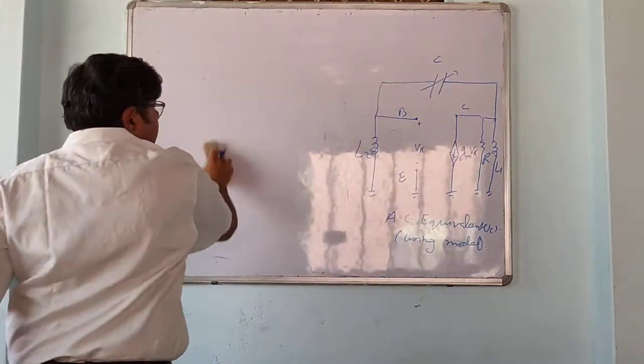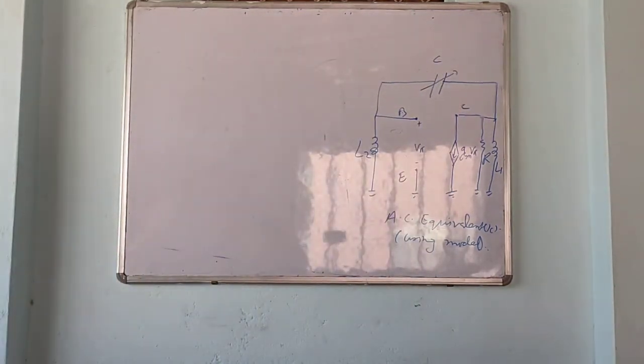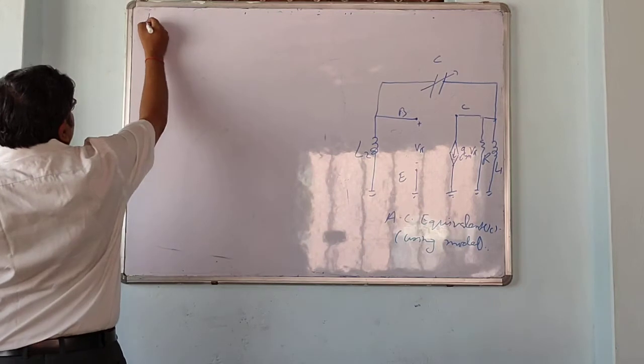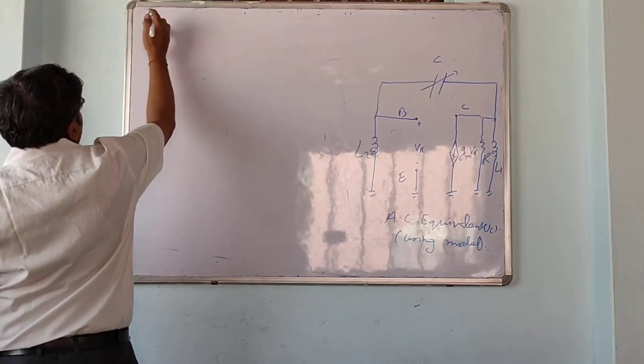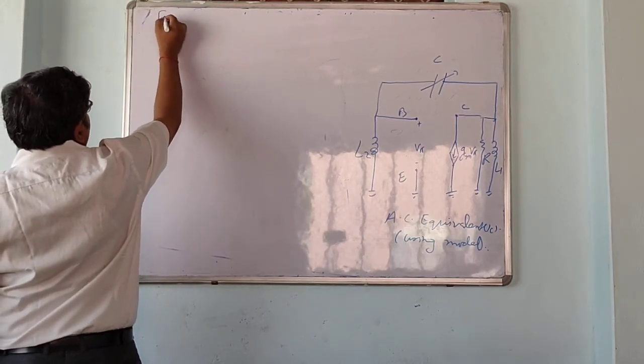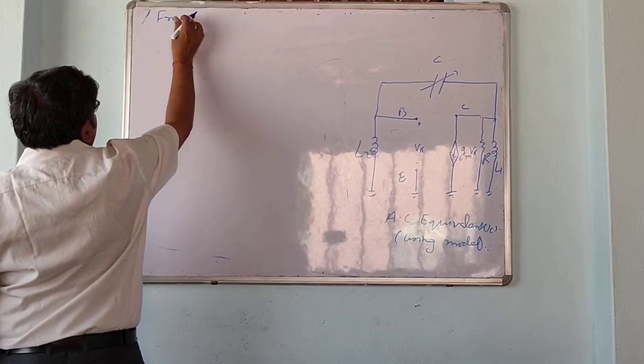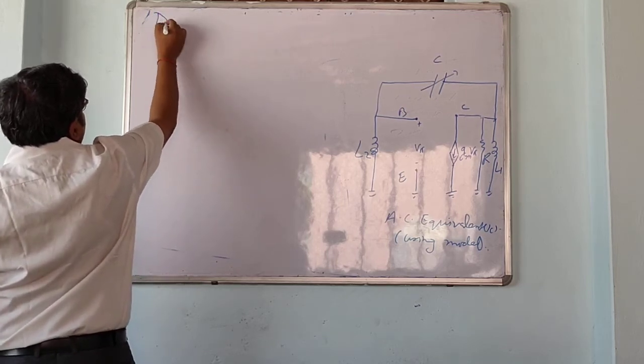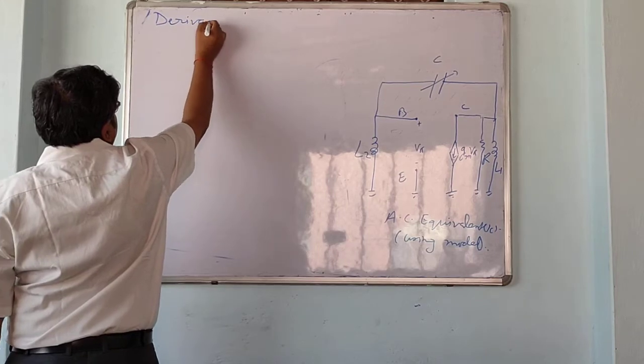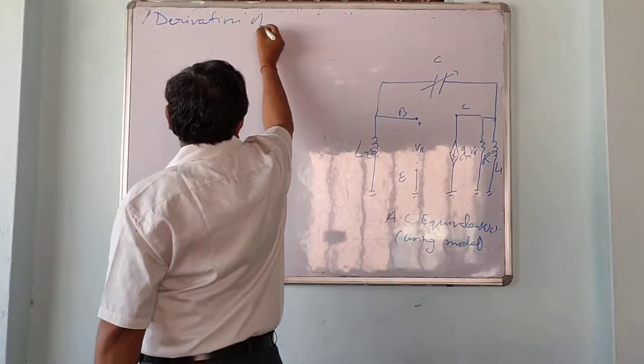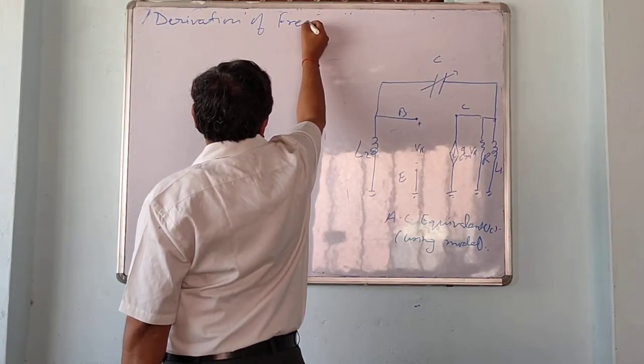Now apply KCL at the output node. This is the derivation of frequency of oscillation.